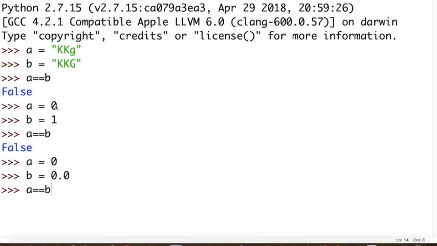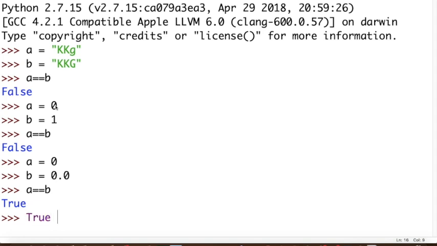So let us see what happens when we compare two different types of data, one being integer, another being float, but having similar values in it. It is giving us true. So it doesn't matter whether you have 0 as integer or 0 as float, both of them are similar in nature.